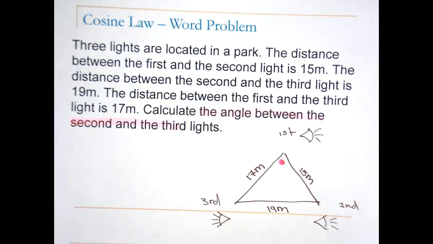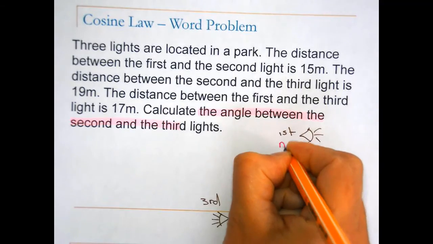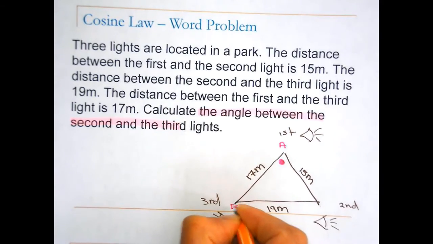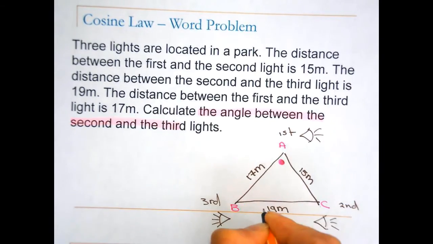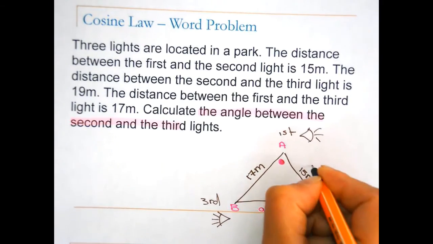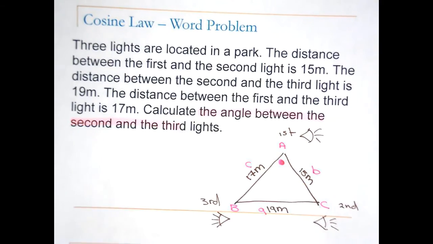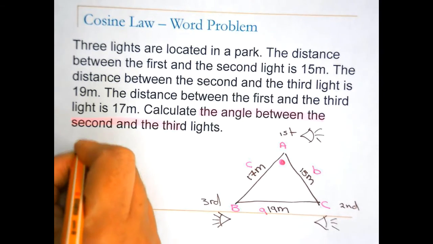First, we have to give it a name. So let's say I call it triangle ABC, and then this is going to be side A, side B, side C. Now, right away, 3 sides known.